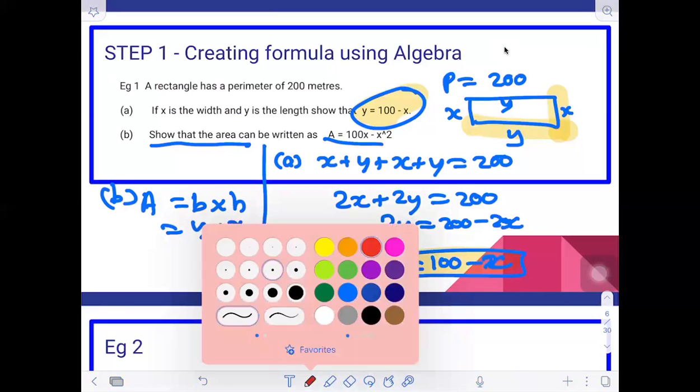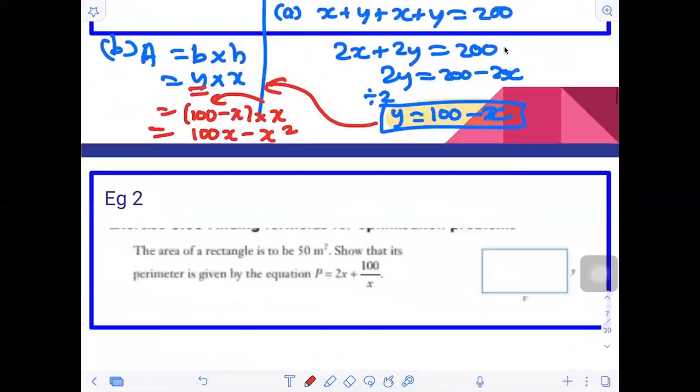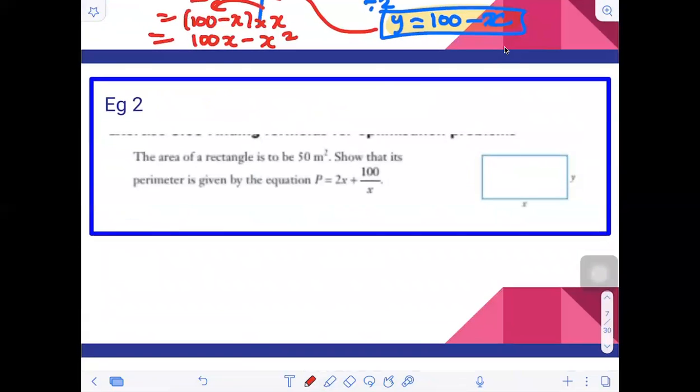So what we do is take this rule here, this formula, and where the y is, you put 100 minus x times x. Then when you expand that, you get 100x minus x squared, and hence we've got the area just in terms of x as required.